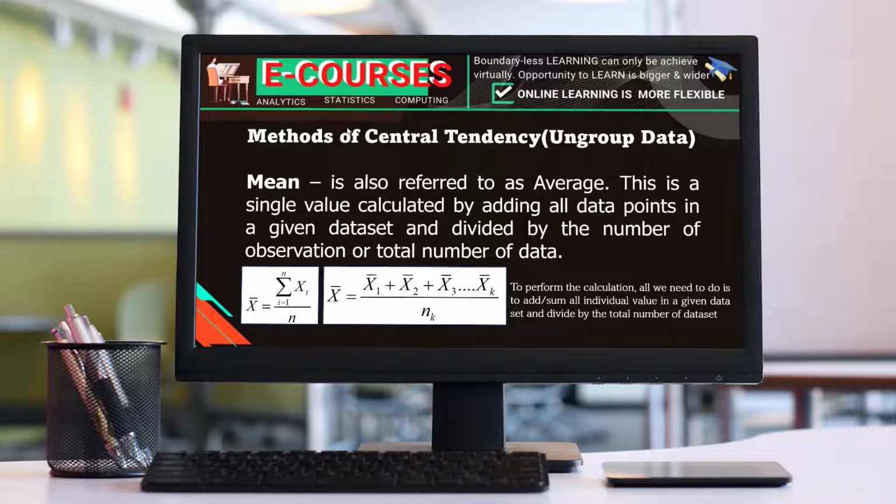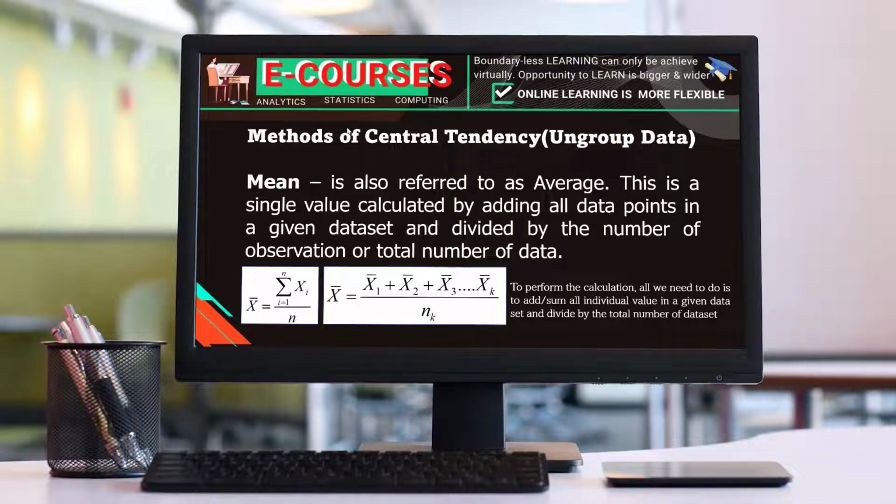Alright, so the mean or the average is the single value calculated by adding all data points in a given data set and dividing by the number of observations or the total number of the data. Okay, so the formula for the sample is x bar equals the summation of x sub i, where i ranges from 1 to n.